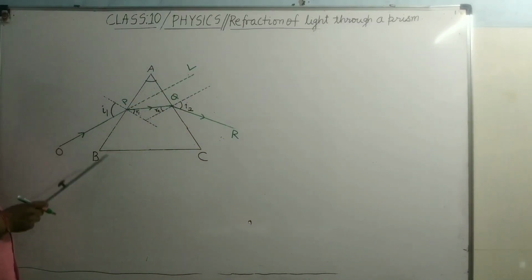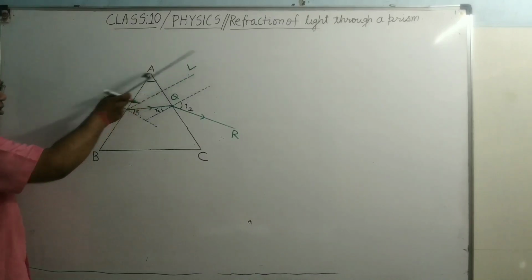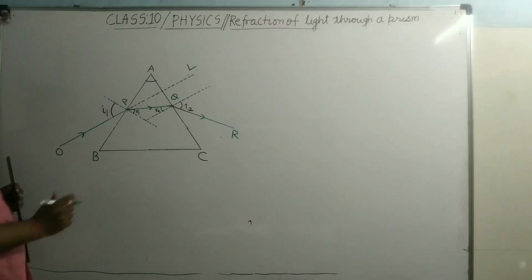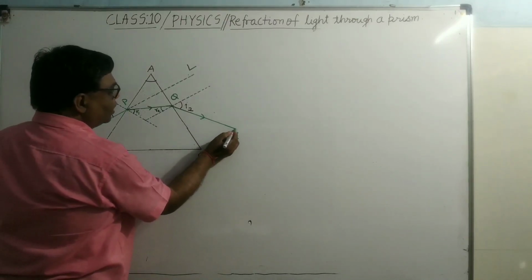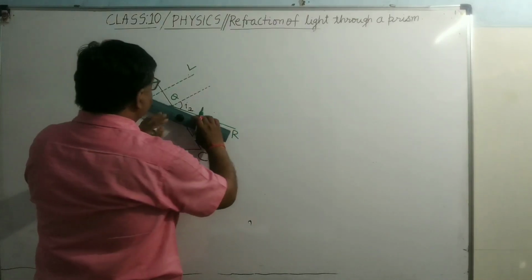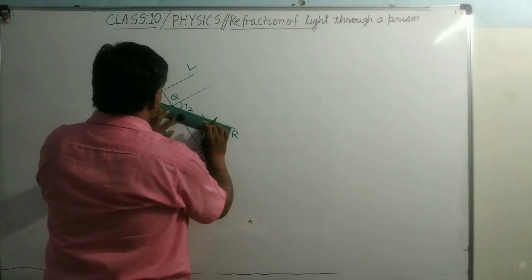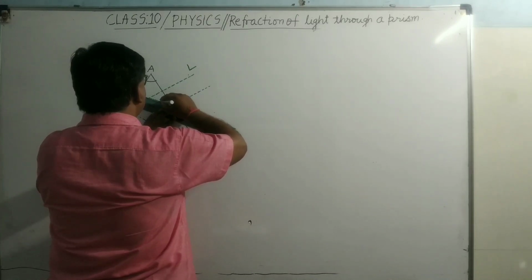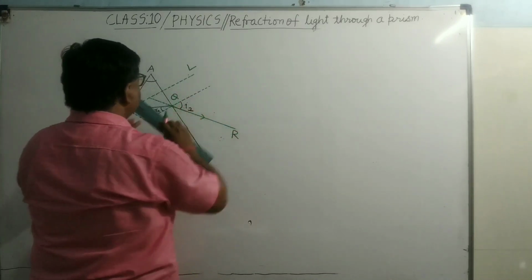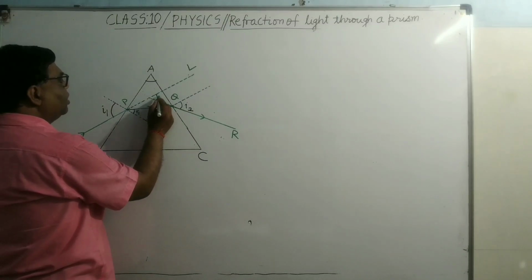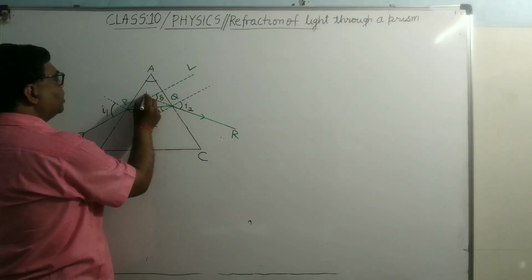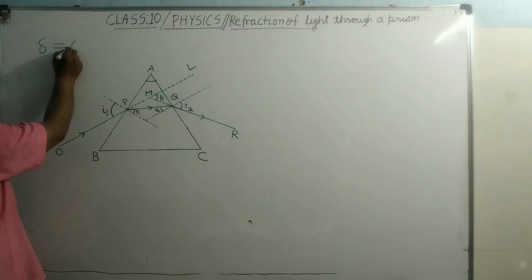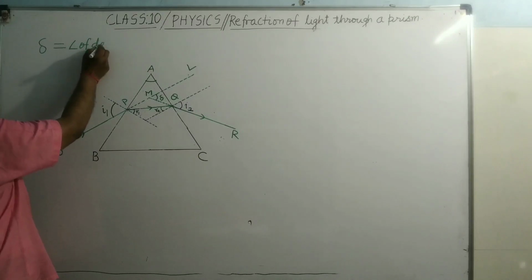If there was no prism, then it would have gone along this direction, along the OA. But on placing the prism, what has happened? It is emerging out in this direction. It's clear. So it had deviated by how much angle? It had deviated by this angle. Means this is the angle of deviation.